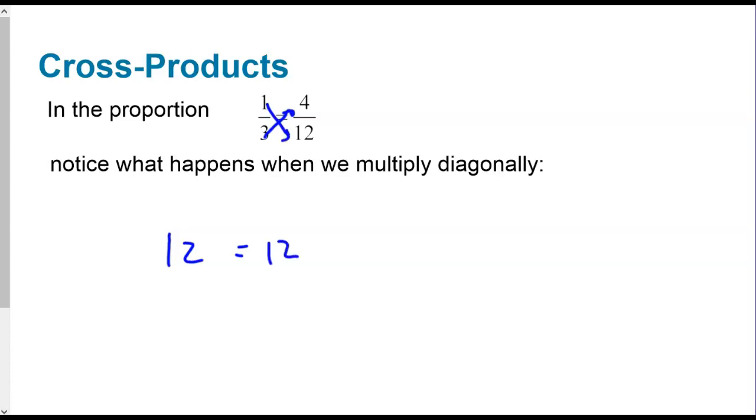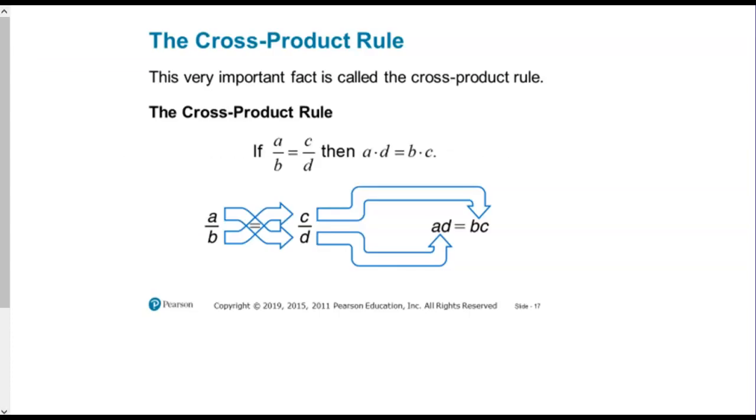Then we know that this is a true proportion because we have cross products, and that 12 does actually equal 12. We will be doing the thing later on where we cross multiply and divide. That was really fun to teach as a teacher, but it confused the heck out of a lot of students. So just remember, the only time you really use cross products is when you are using proportions.